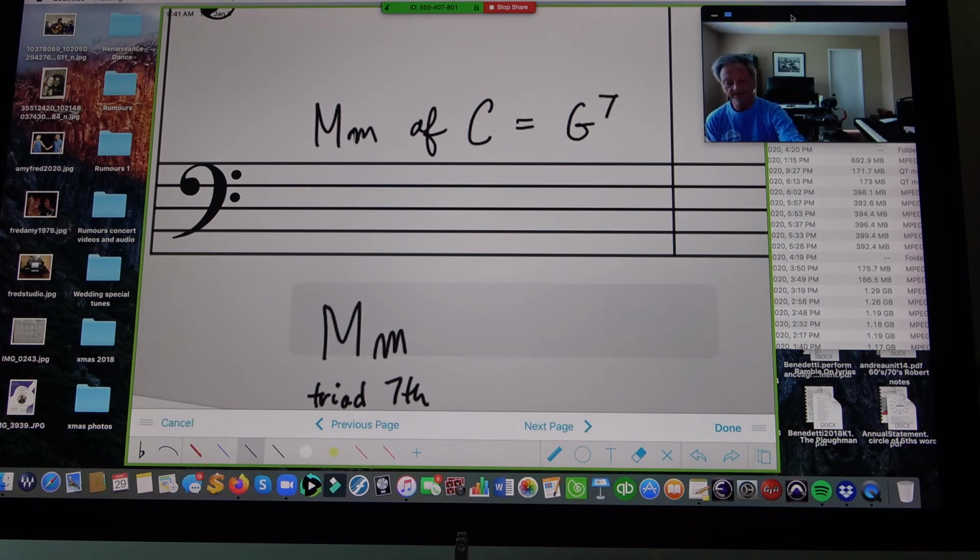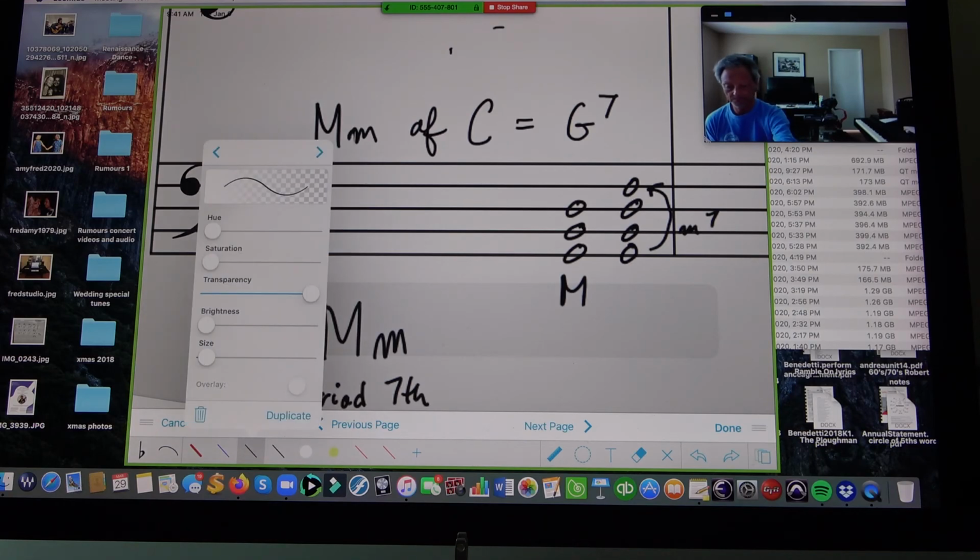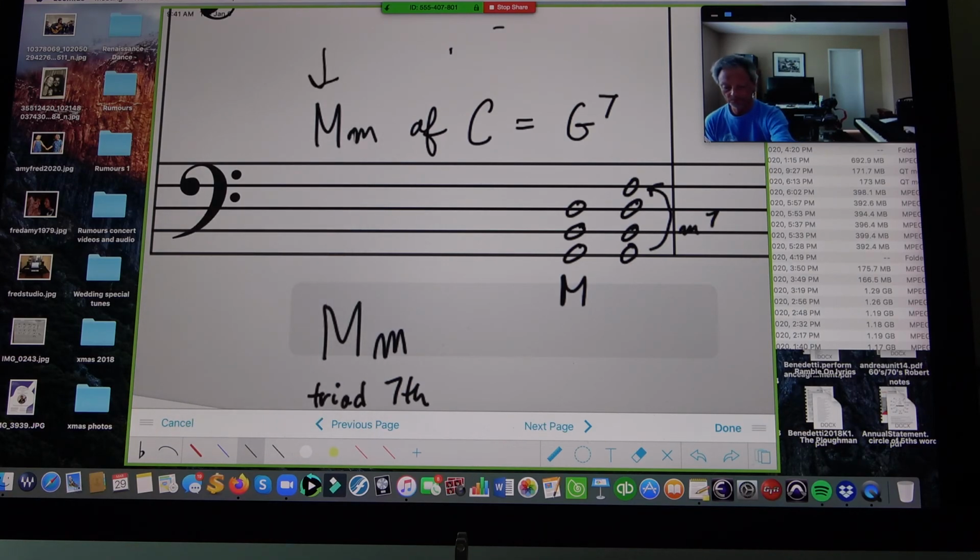G triad with an added 7, minor 7 interval. Major triad. So that is what is referred to as major minor. That's what they mean. The first part is the triad. Triad. Again, second part, 7th.